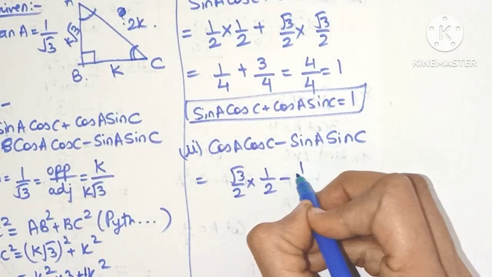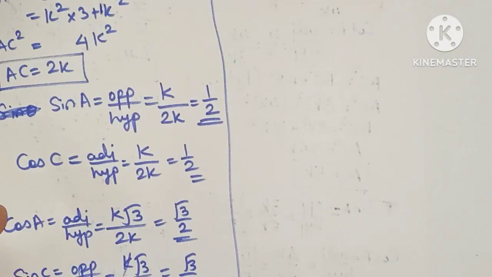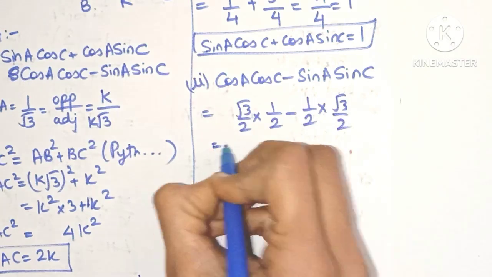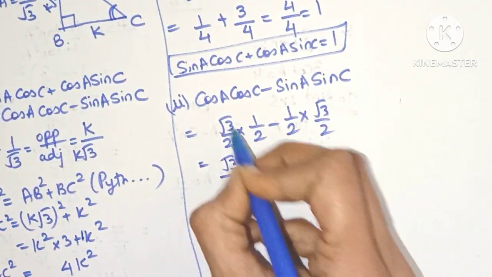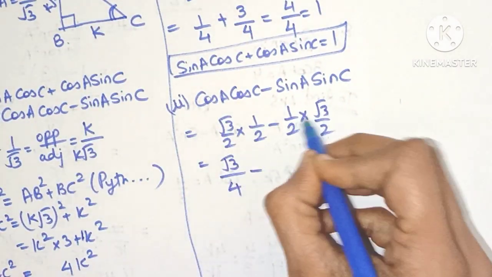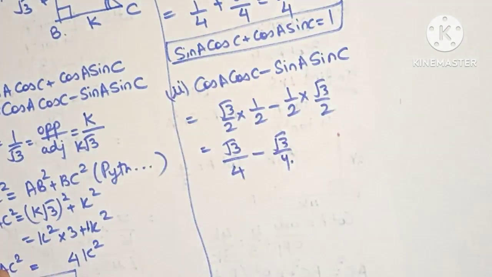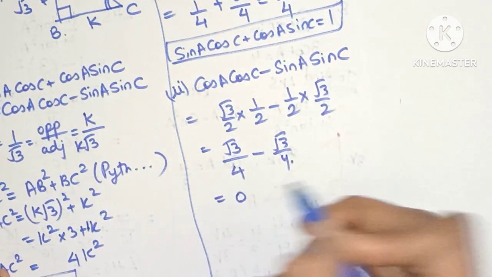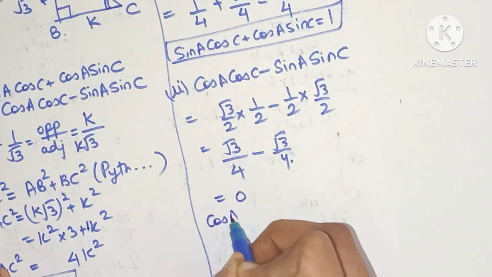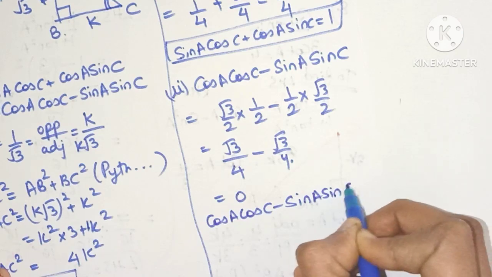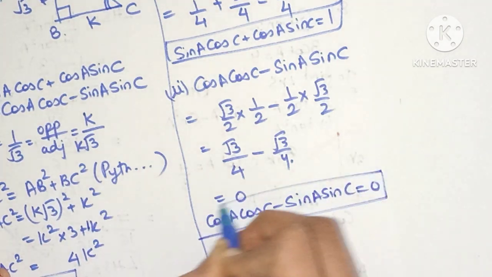It is half into sine C, which is, yes, square root of 3 by 2. So this is root 3 only. 2 into 2 is 4. Root 3 by 4. And see, have a look at this. They are both the same. So when I subtract them, you will get 0. So that is the answer, friends. So this second term is equal to 0. I hope you understood this.